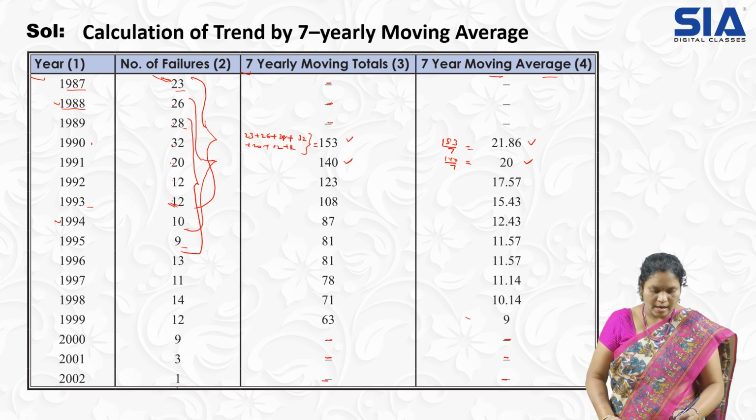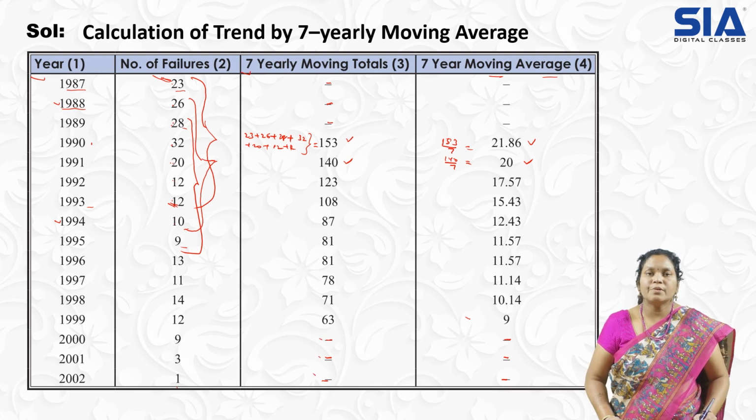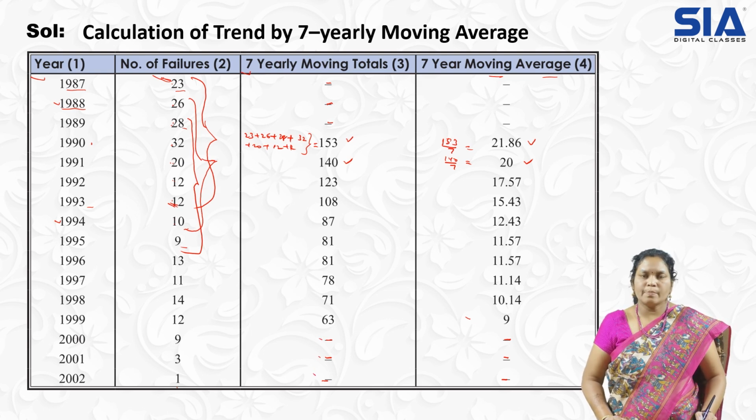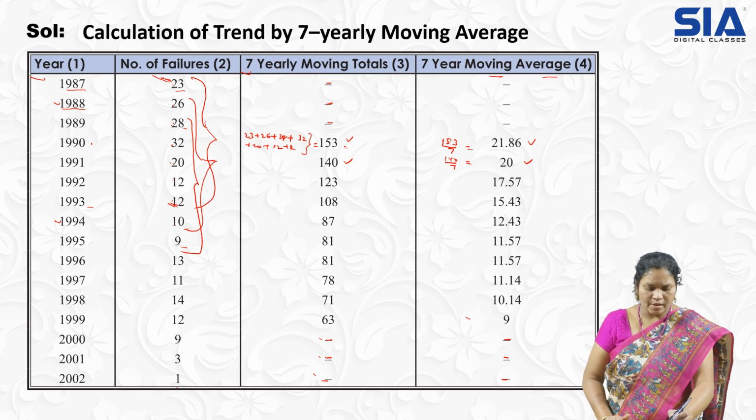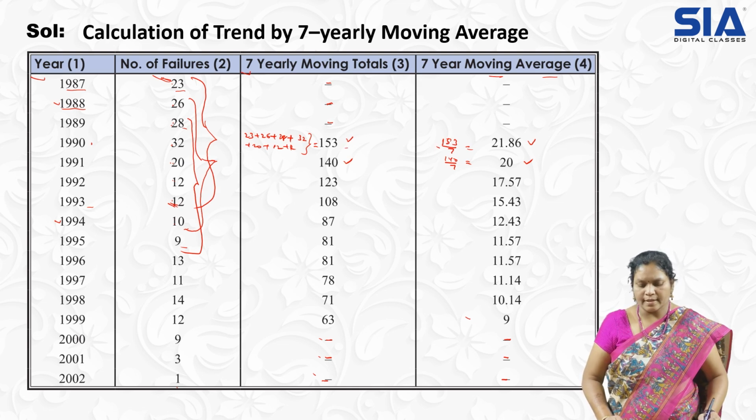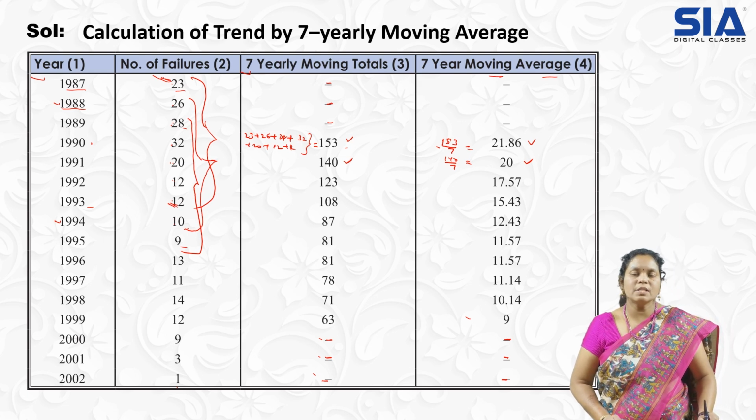So obviously the last 3 values will be left over. That is how we obtain the 7-year moving total. Then for the average, simply whatever values you got in the previous column, you divide them by 7. You will get the 7-year moving average. So this is how we do the moving averages concept for 7 years.